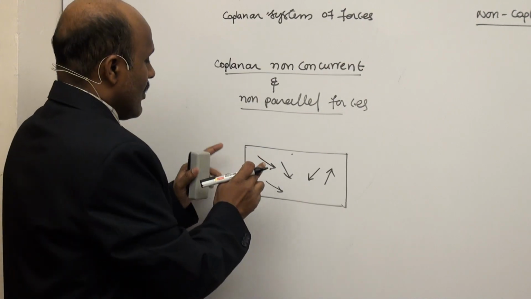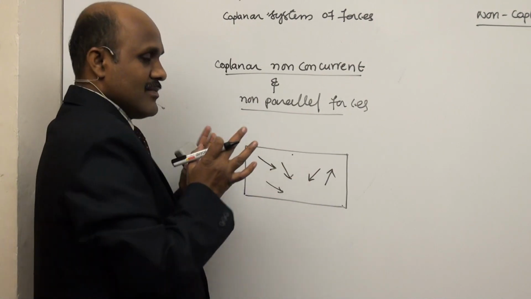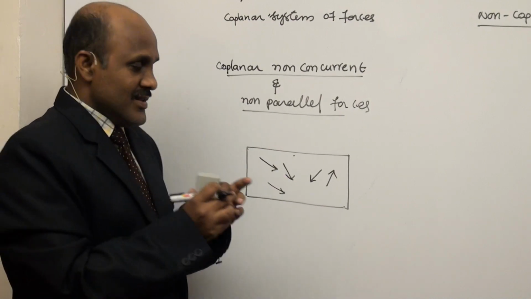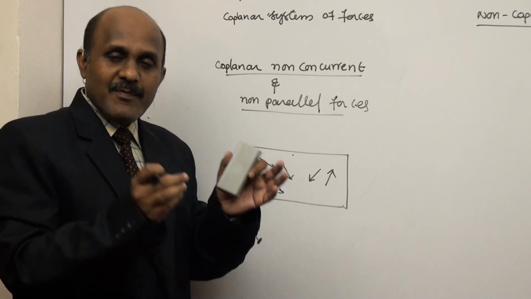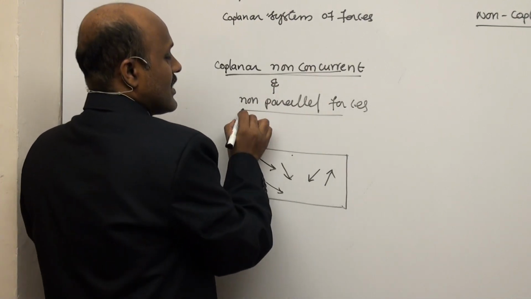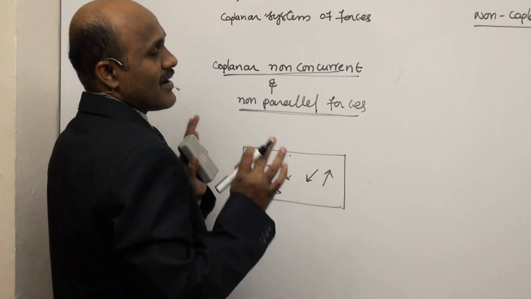Here all forces are in one plane, but the forces do not intersect at one point. The lines of action of the forces are not parallel to each other. So this is called coplanar non-concurrent and non-parallel forces.